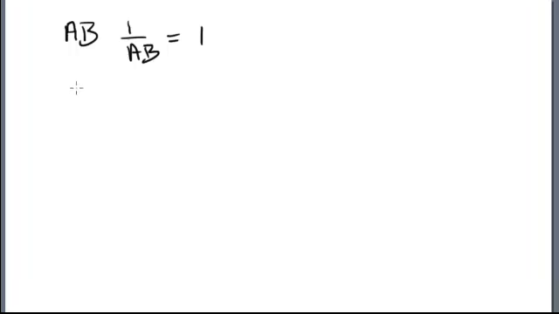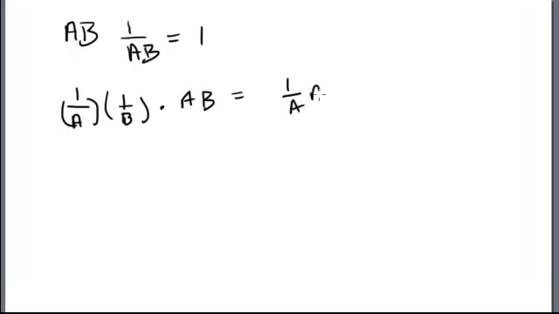So that says that we can multiply these inverses, 1 over B, and then multiply times A times B. We're dealing with a commutative ring, which has associativity and commutativity, so that gives us 1 over A times A, 1 over B times B, and that's equal to 1 times 1, which is equal to 1.